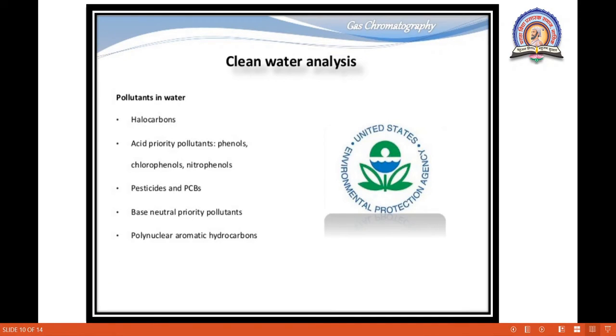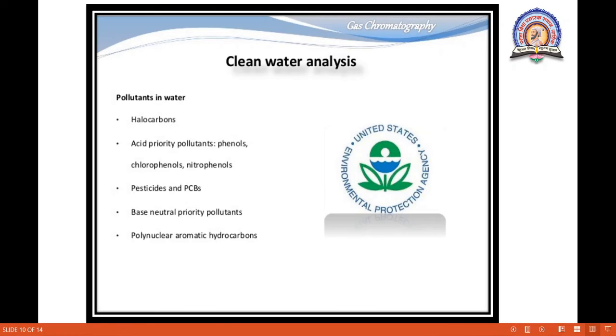Then clean water analysis. We know that water contains so many impurities that can be detected using this gas chromatographic technique. Pollutants in water can be detected and identified using gas chromatography.